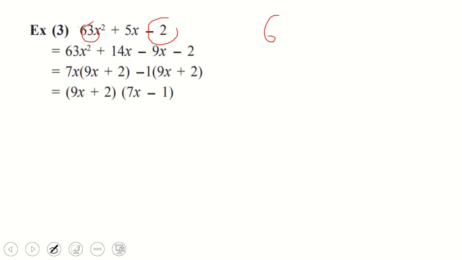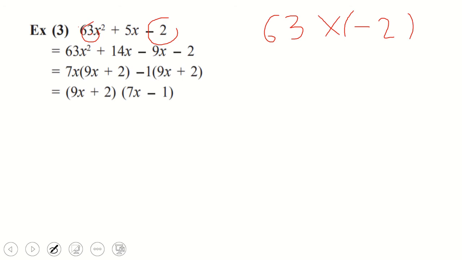I'm reading exactly opposite. 63 into minus 2. When I multiply this, I am going to get a negative number. So here, for splitting the middle term, I have to think of subtraction. See, 63 into 2, if you multiply, what are you going to get?